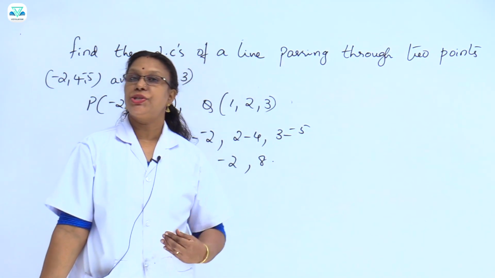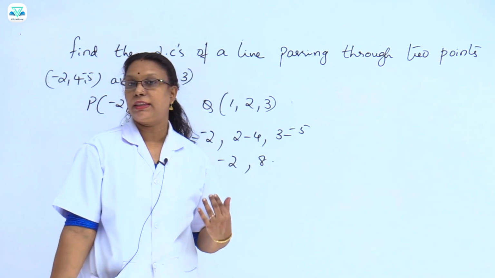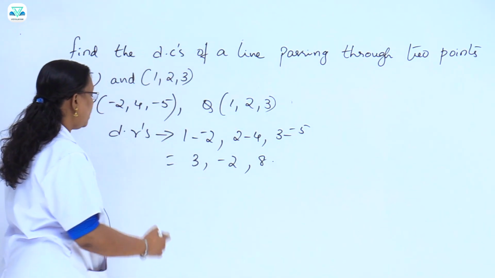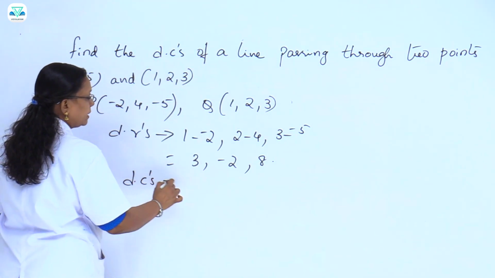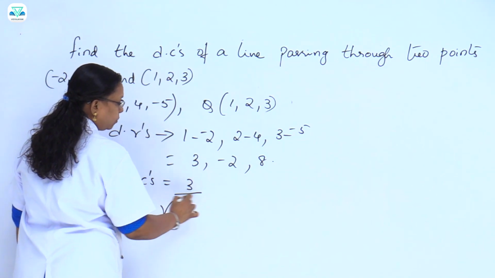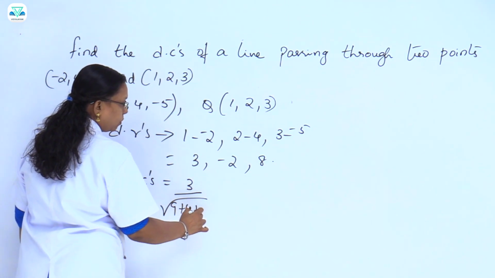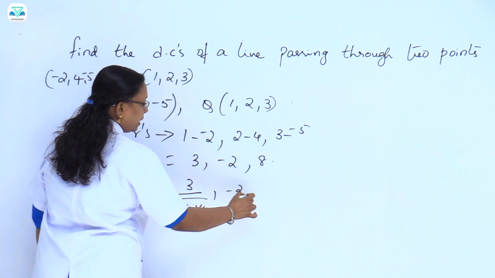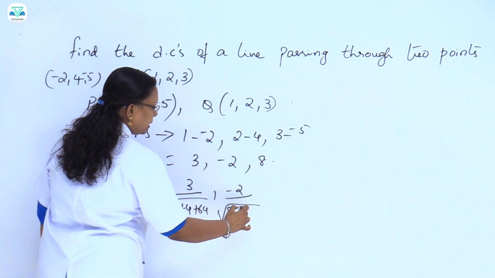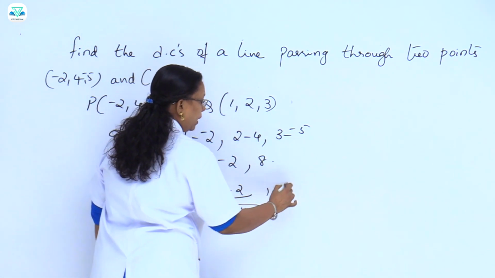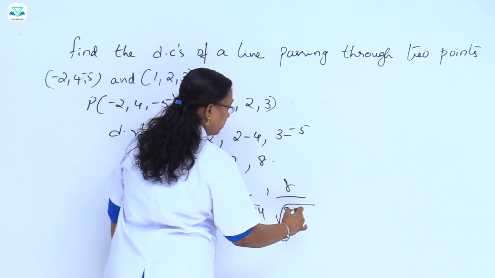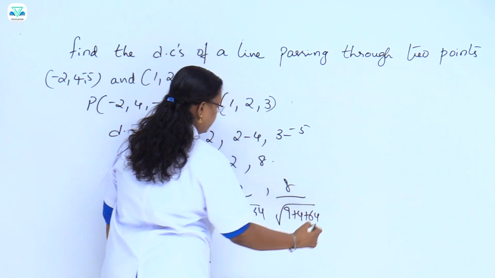Now, given direction ratios, we saw direction cosines in the earlier problem. The same way, what are its direction cosines? 3 by root of 9 plus 4 plus 64, minus 2 by root of 9 plus 4 plus 64, 8 by root of 9 plus 4 plus 64.